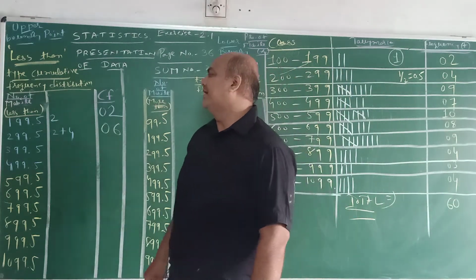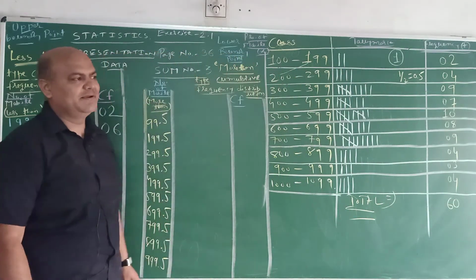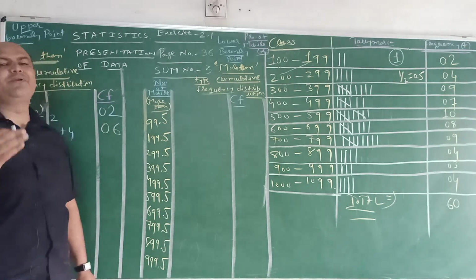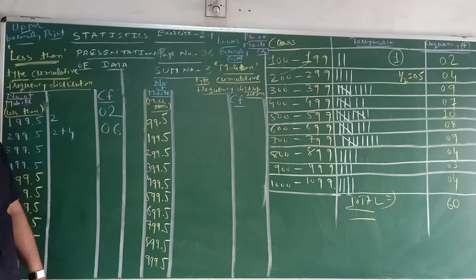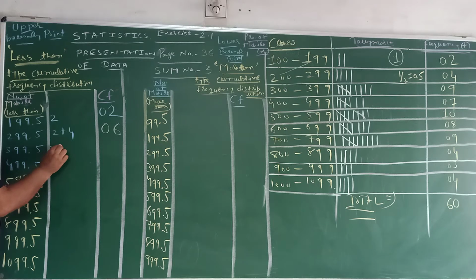So in less than type, simply we have to add one frequency. This is the technique to prepare less than type cumulative frequency distribution. Less than 399.5, so we add 9: 2 plus 4 plus 9.